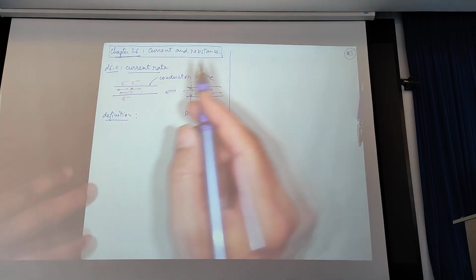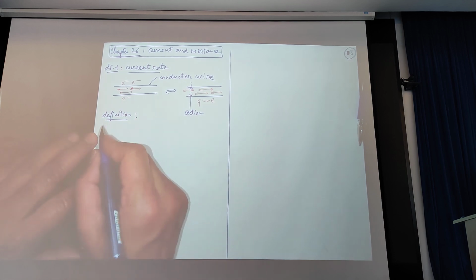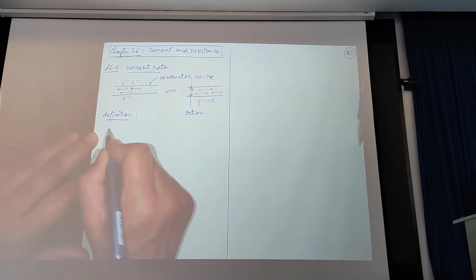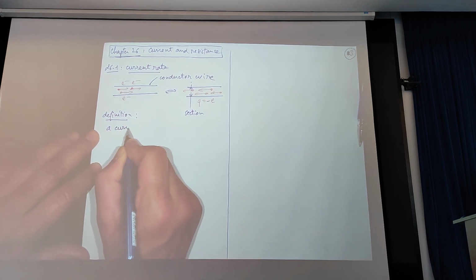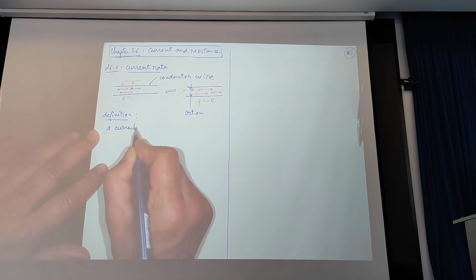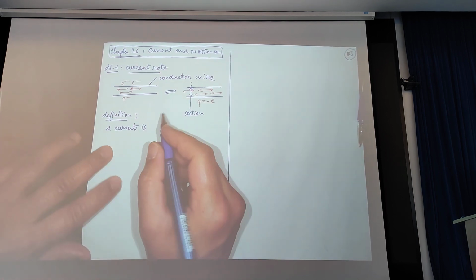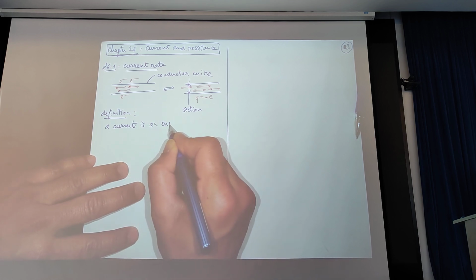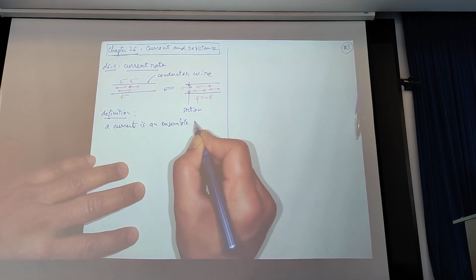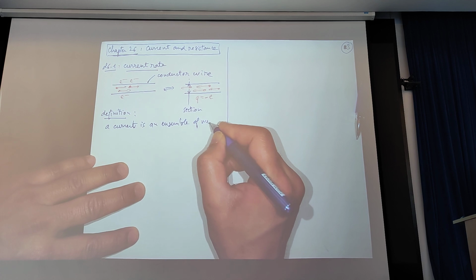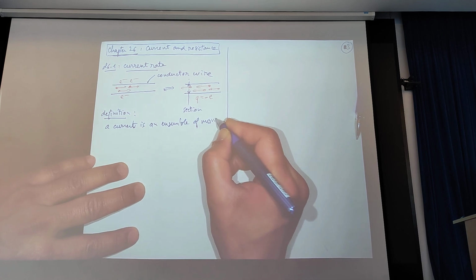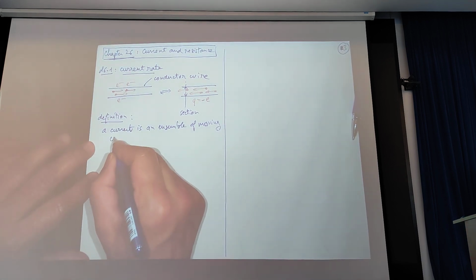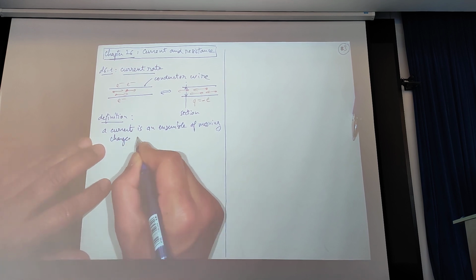A current is an ensemble of moving charge in a conductor.